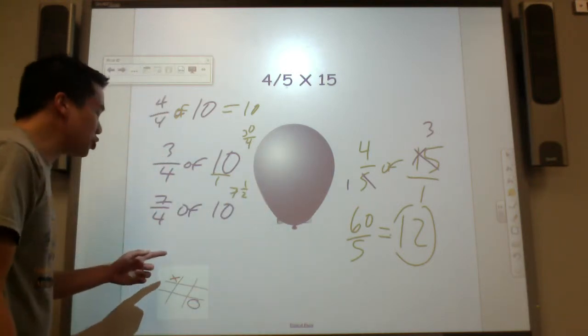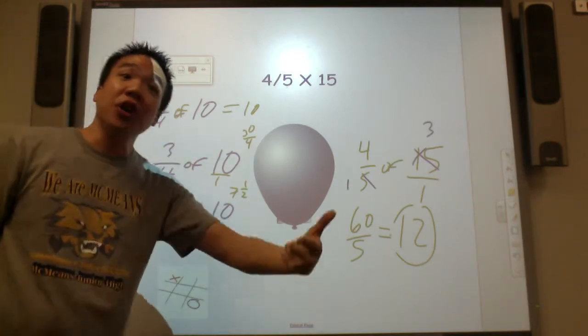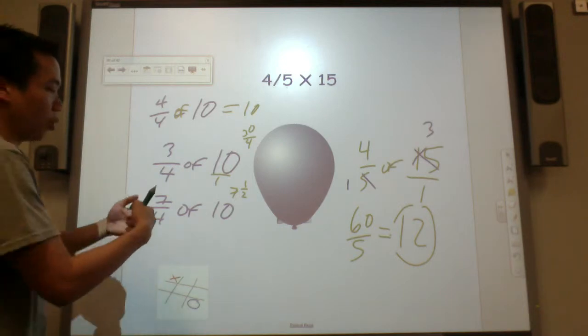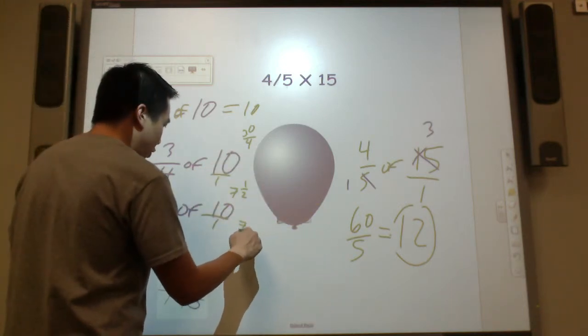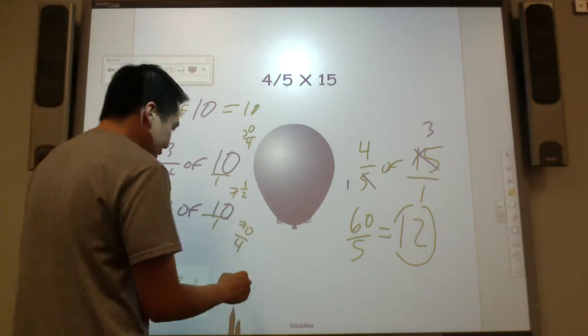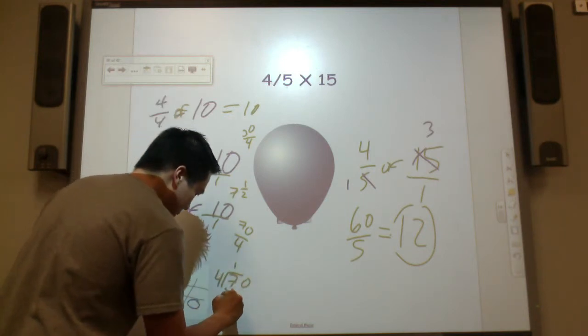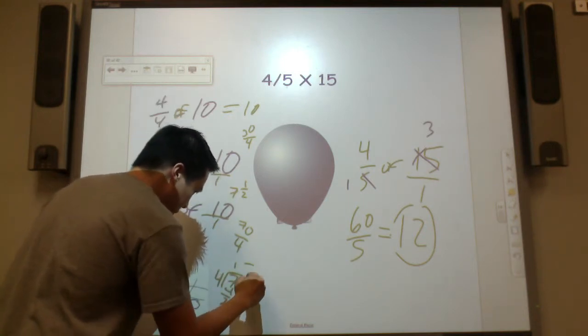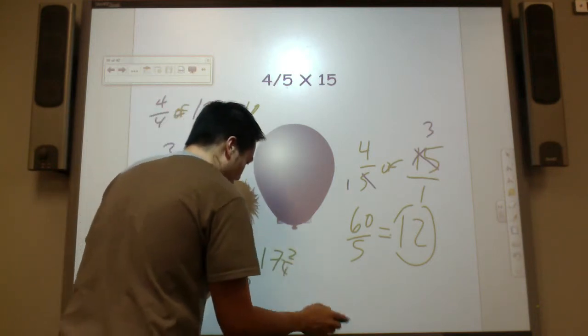And then if you multiply a whole number by a fraction that is greater than 1, your answer will get greater, larger. So if you see this is 70 over 4. How many 4s go into 70? I am not sure, so I will divide it and figure it out.